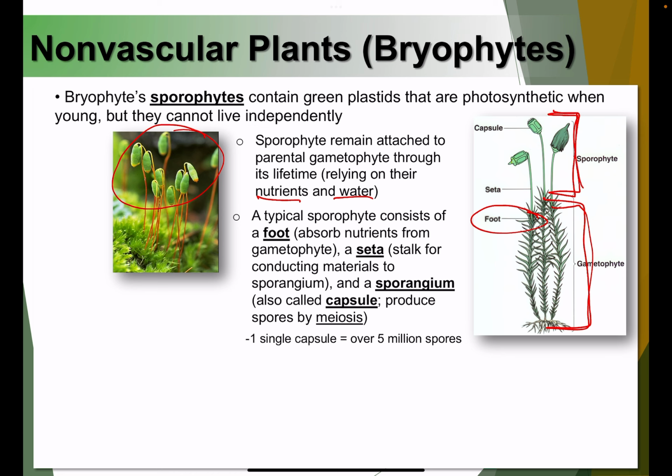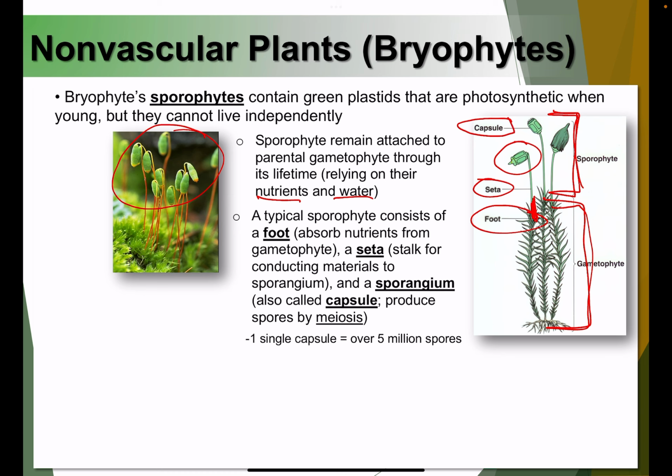The foot attaches and forms that connection with the gametophyte, kind of like the umbilical cord going toward the placenta for a human baby. Then you have a seta, which is a stalk for conducting those materials into the sporangium, which is up here. Another name for sporangium is capsule.